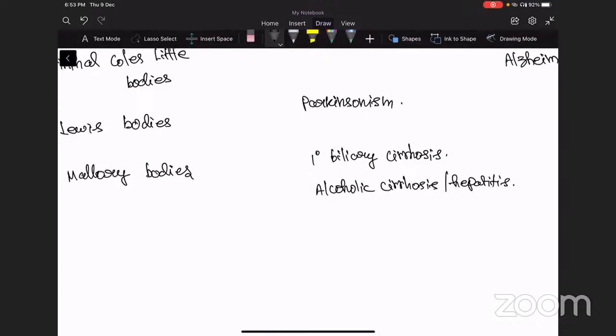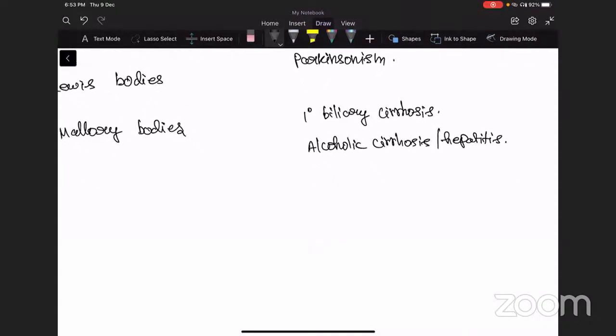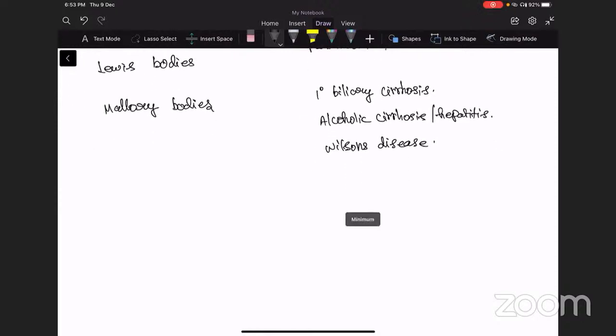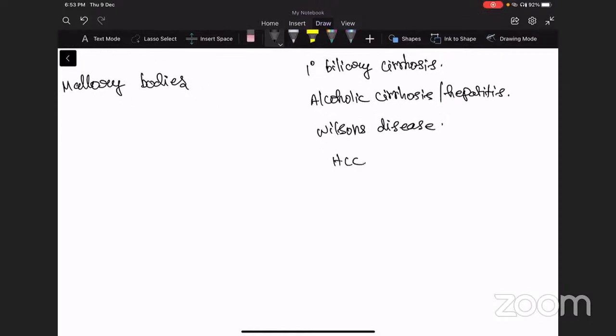Yes, correct, Sampath Jojo. LD bodies are seen in Kala Azar. Correct, Akash Babu. Kala Azar, black fever. In Wilson's disease. And also in HCC.